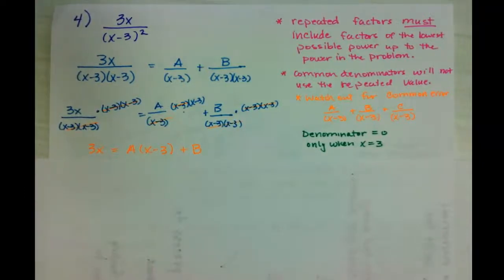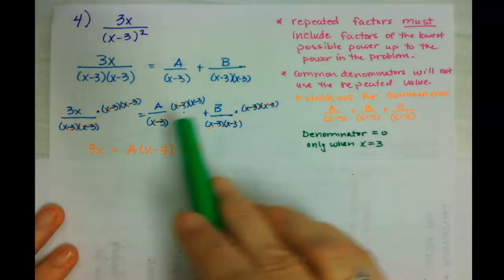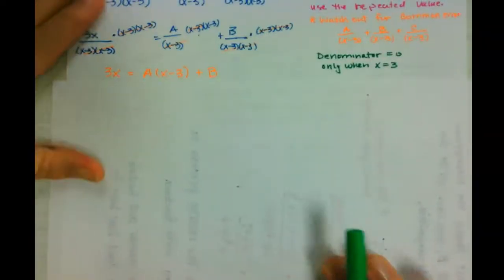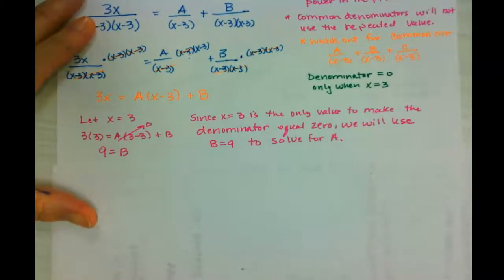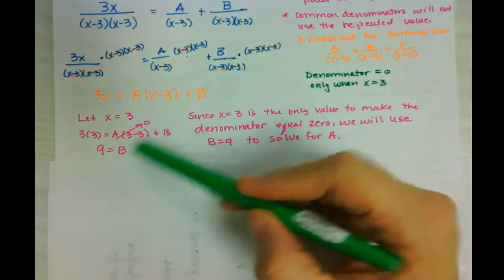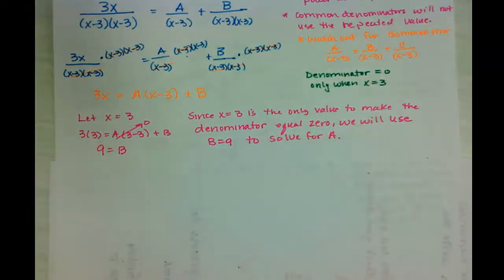All right, so then I only have one value that I can substitute in, and that's 3, because all of these are the same factor, right? x minus 3, x minus 3, a whole lot of x minus 3's. So when I plug in my 3 and I let x equal 3, that zeroes out my A's, and I'm able to solve for B. The problem now is I don't have any other value to plug in because all of the denominators are the same.